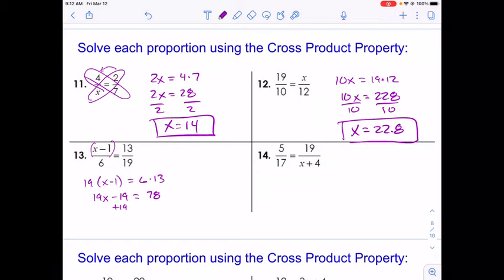Add 19. So it'll be, let's see, 97 equal to 19x. And now we're going to divide here by 19. That's going to give me that x is equal to 5.1.